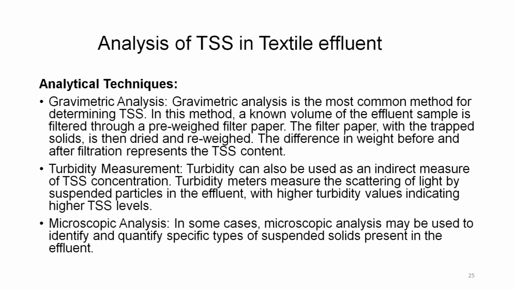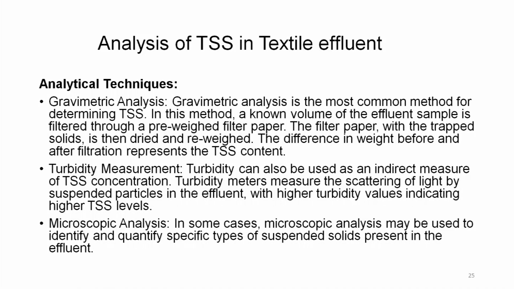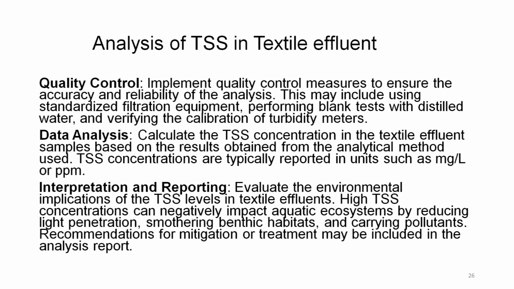So, turbidity measurement is more qualitative rather than quantitative. Microscopic analysis: in some cases, microscopic analysis may be used to identify and quantify specific types of suspended solids present in the effluent.